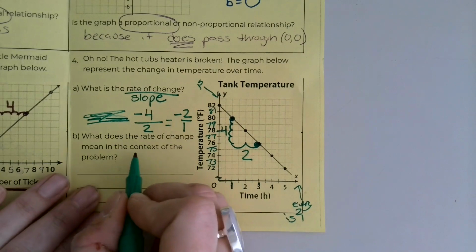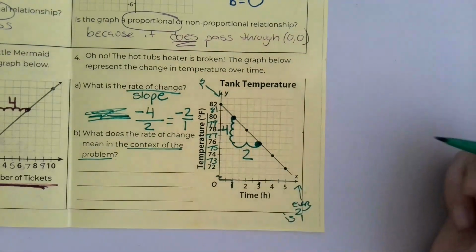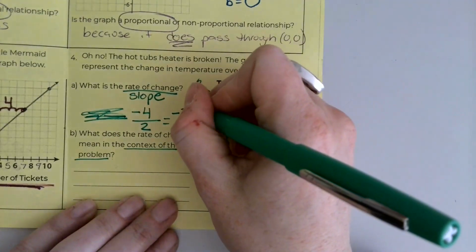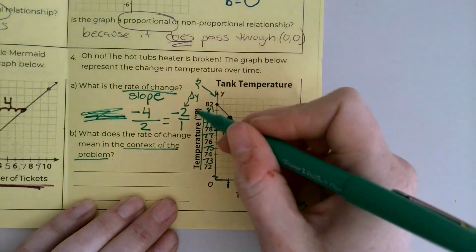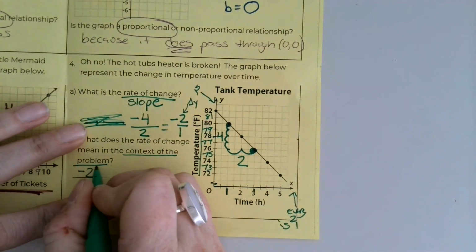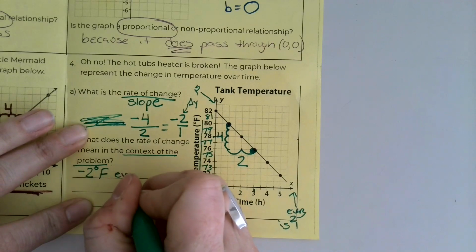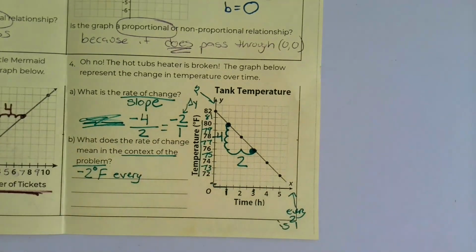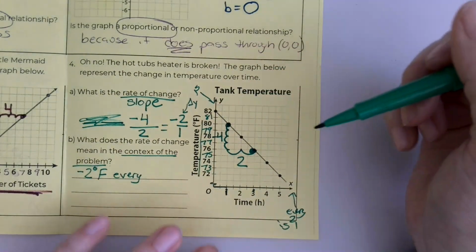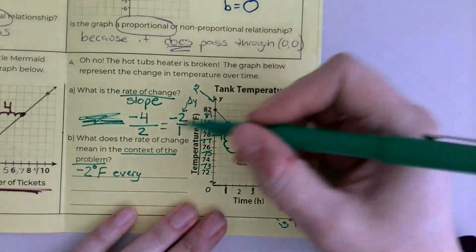Now, what does this rate of change mean in the context of the problem? Again, we're going to use our axes to help us do that. That's the change in y, which means it's degrees Fahrenheit. So we have -2 degrees Fahrenheit, and then we could say every, or per, or for every, or for each. Any of those are all useful.